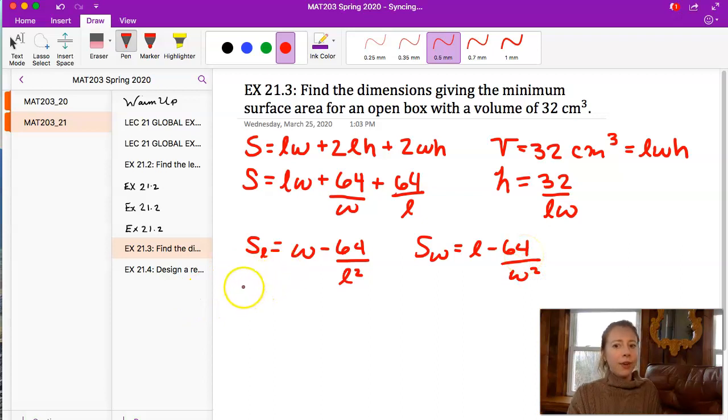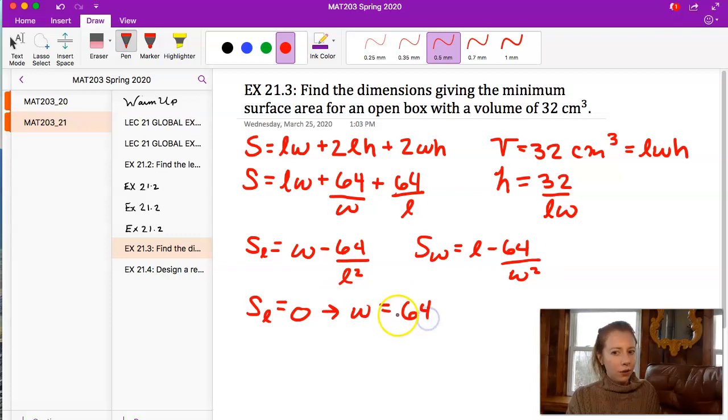Next up, we have to find the critical point, right? So where our gradient, so each of the partials, is 0. So when S_L is 0, that gives us W is equal to 64 over L squared.